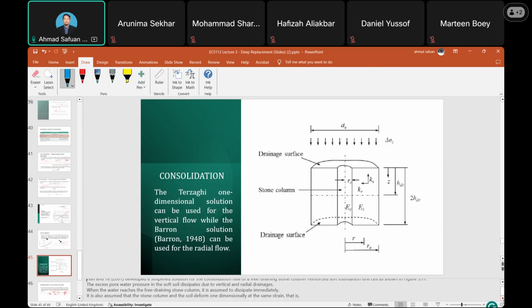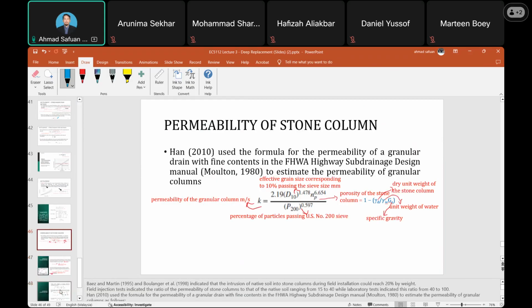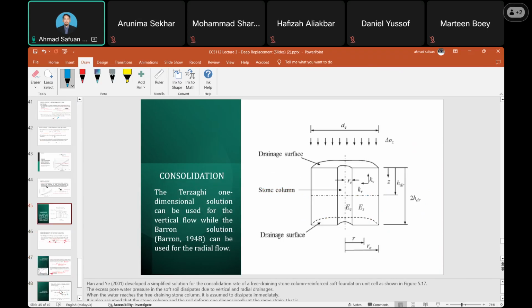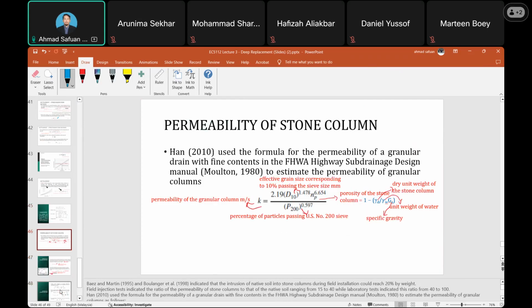It is also assumed that the stone column and the soil deform one-dimensionally at the same strain. So how to estimate the consolidation? First, we need to determine the permeability, the K value. Han used the formula for permeability for granular drain.